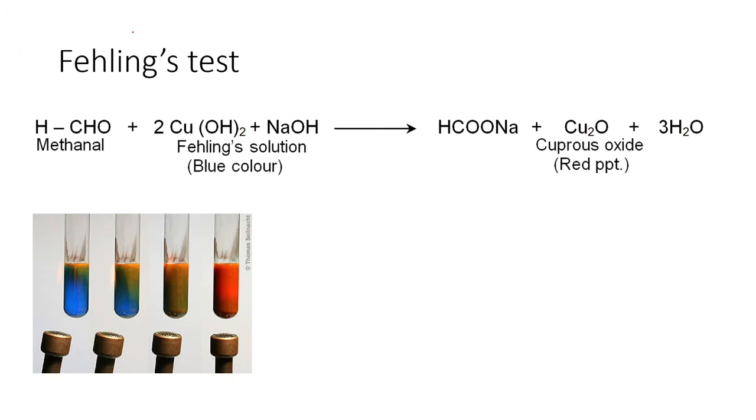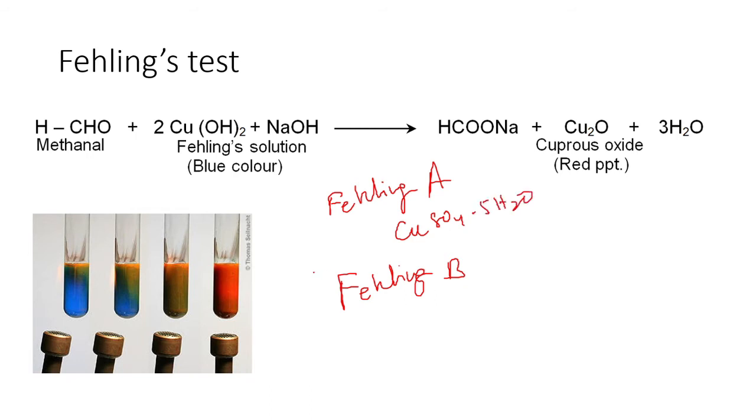This is the Fehling test. There is a Fehling solution which contains Fehling A and Fehling B. Fehling A is nothing but CuSO4·5H2O, which is blue vitriol or copper sulfate, and Fehling B is Rochelle salt. Pardon me for the spelling if it is wrong.